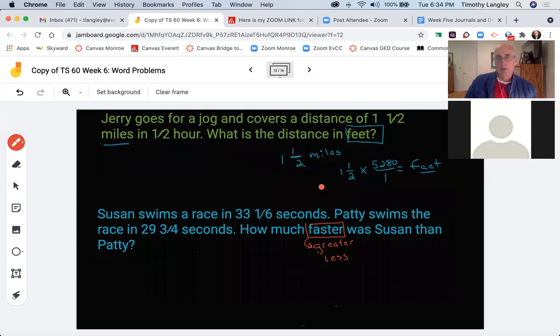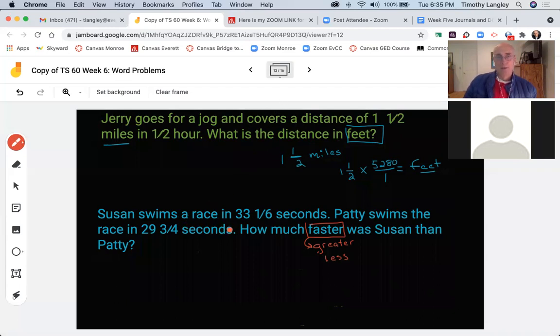So if I take my 1.5 and multiply it by 5,280, which is how many feet there are in each mile, that will give me the answer in feet. Because it asks, what is the distance in feet? So again, we're just looking at the chart to convert feet to miles there.